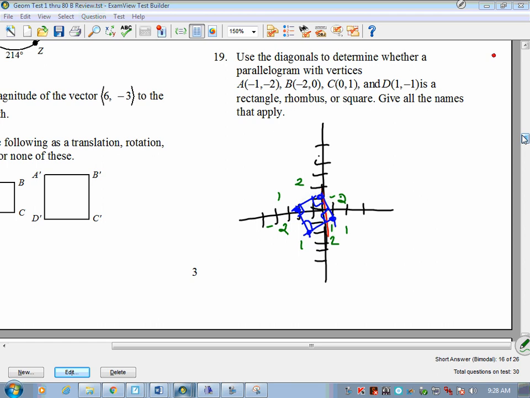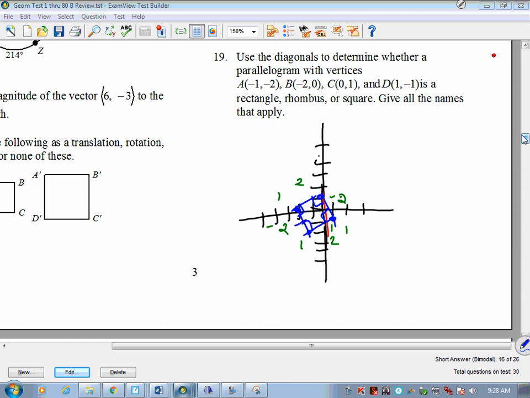The other thing is I need to prove it's a rhombus. What do I know about rhombuses? They have congruent side lengths. If I'm using 1 and 2 in terms of my right triangles, am I going to get the same hypotenuse every time? Yes, I should.